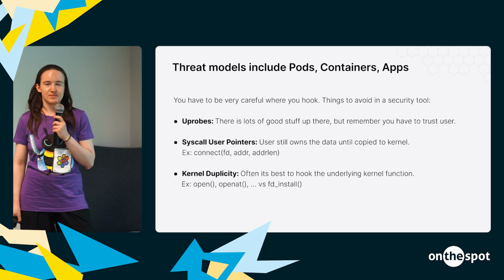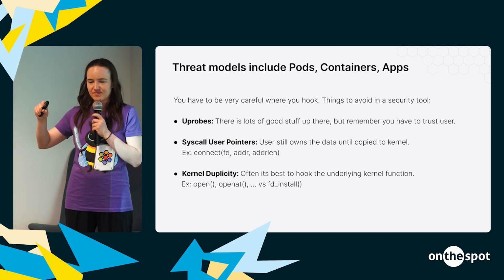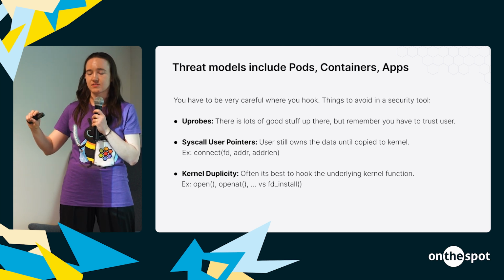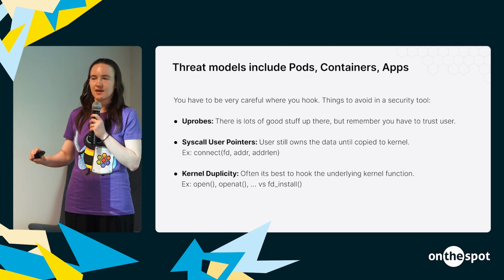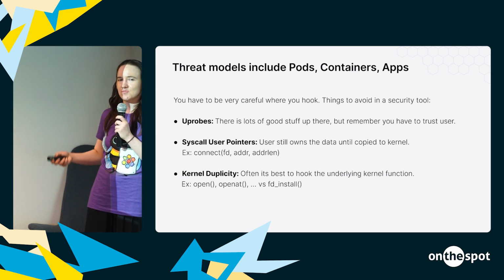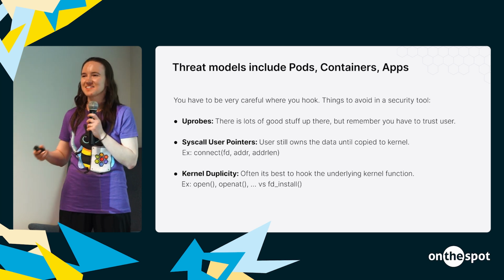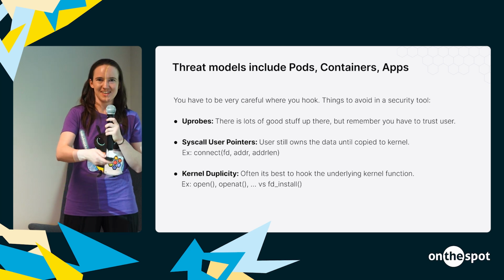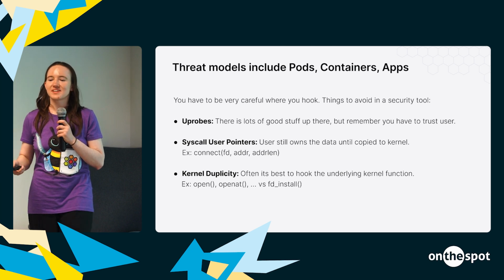This includes uprobes. Uprobes are great. Uprobes allow you to attach BPF programs to user space functions. And this is great in observability tools because user observability tools are mostly interested in user functions, right? When you want to observe your application, you want to observe what functions in your code do, not what some obscure kprobes do.